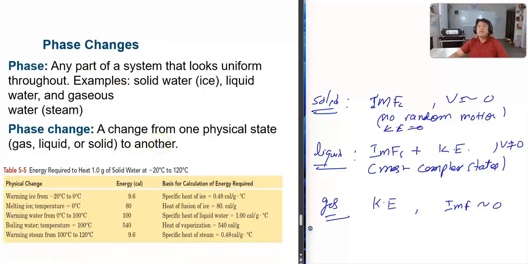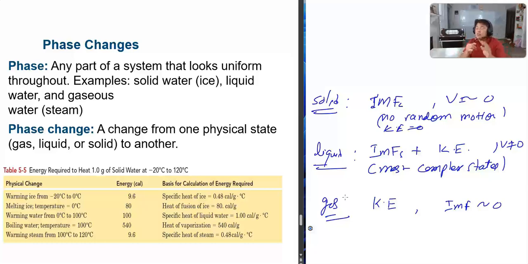So now let's study the phase change. You have 3 phases: solid, liquid, gas. If you change the temperature and the pressure, the state of the matter changes, and that is said to be the phase change.